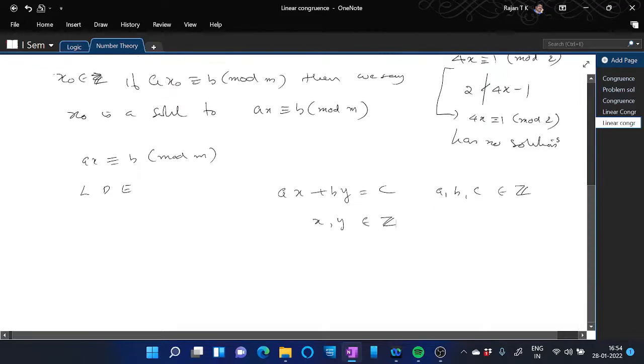Now, how to write the linear congruence ax congruent to b mod m in the form of a linear Diophantine equation? So that is what we first see. ax is congruent to b mod m if m divides ax minus b.